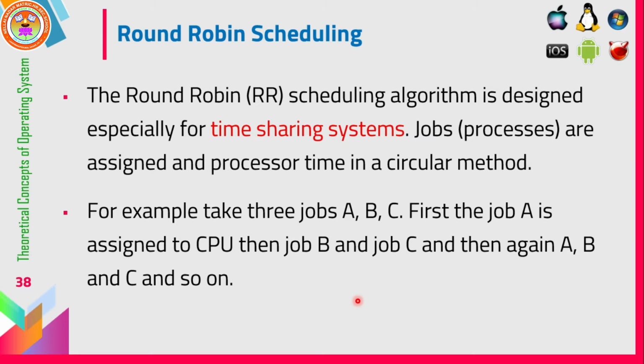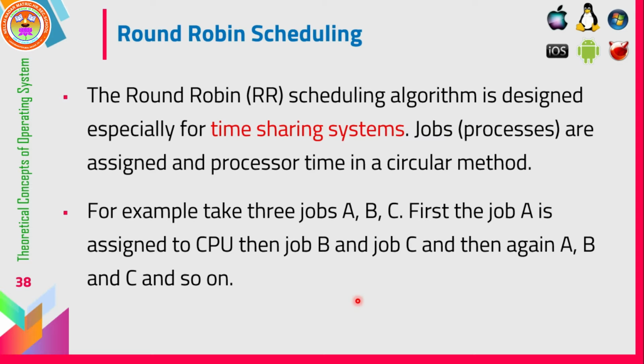The next one is round robin scheduling. This is another scheduling algorithm in process management. The name has a meaning; round robin scheduling is simply called RR. This algorithm is designed especially for time sharing systems. It shares the time period among the jobs, so jobs are assigned processor time in a circular method.